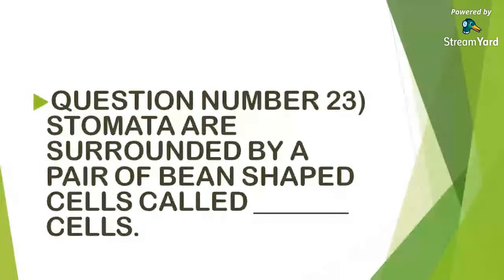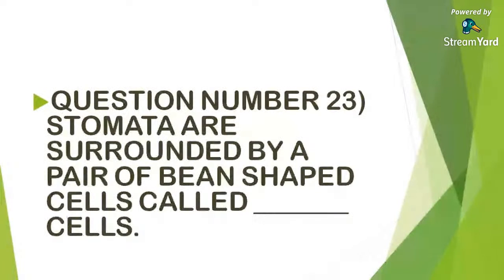The main work of stomata is to exchange gases from the leaf to the surroundings. Clear? So the stomata are surrounded by a pair of bean-shaped cells. What are these bean-shaped cells called? Very good. Many of you are giving the answer guard cells.